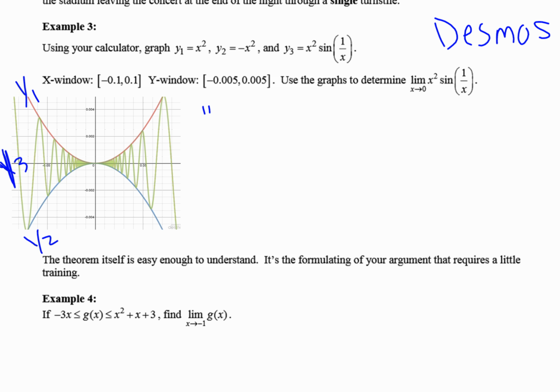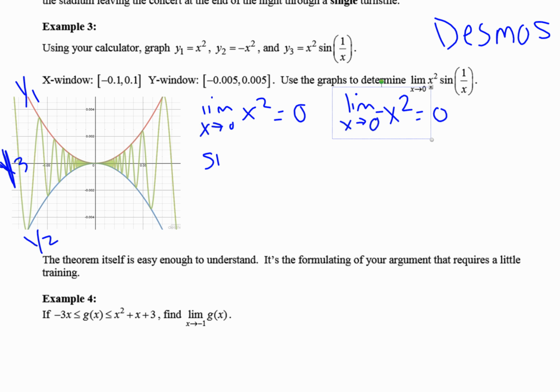All right, so let's take the limit as x approaches 0 of x squared. That's 0. Okay, the limit as x approaches 0 of negative x squared. That's also 0.